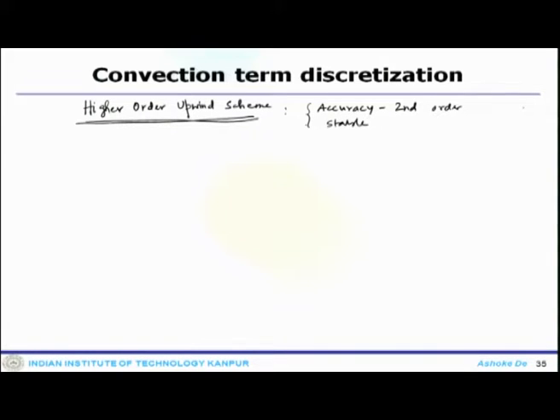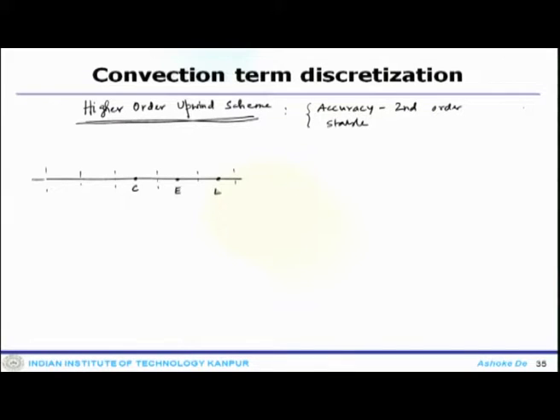kind of scheme. Now, while doing that, if you look at the one dimensional stencil, this is your C, then those would be your cell interfaces. So, these are the cell interfaces. It uses a similar kind of stencil.